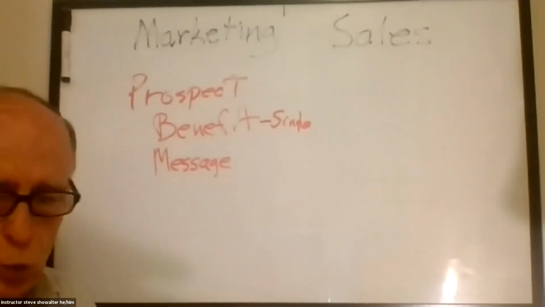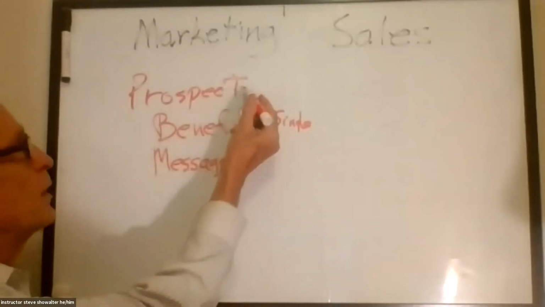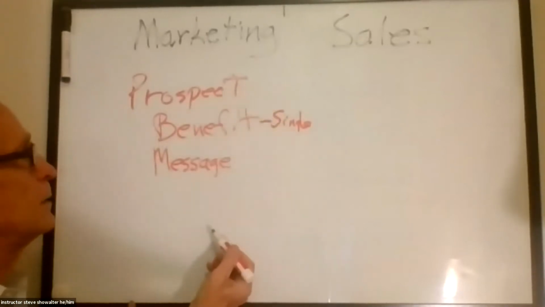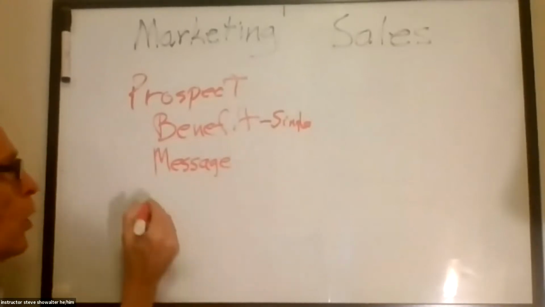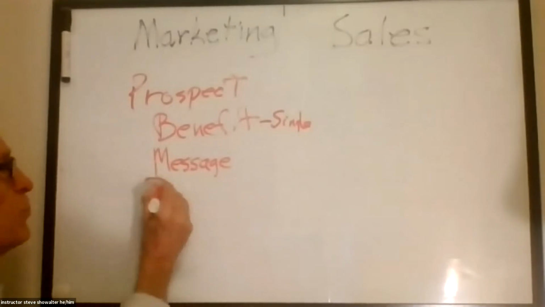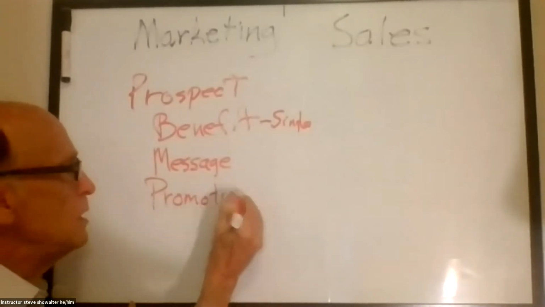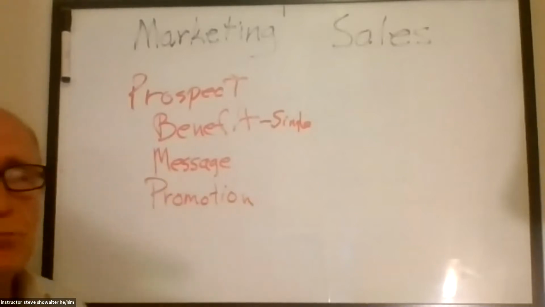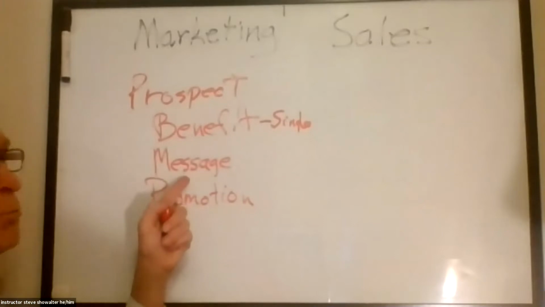The next thing that you want to do in this is say, okay, given the customer or the prospect and the benefit and the message you have, what is the kind of promotion you need to message that particular prospect with that particular message.